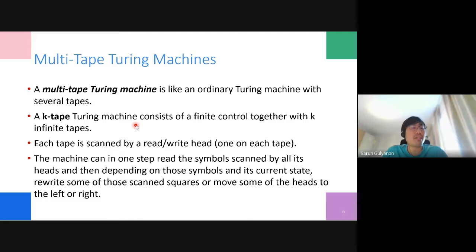Now let's look at the capability of this kind of machine. For each tape, the machine can scan by reading or writing at every head. When we have multiple tapes, it means that we also have multiple heads. With multiple heads, this multi-tape Turing machine can read and write on all tapes at once in one step.